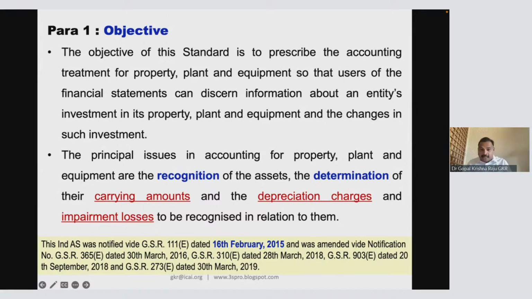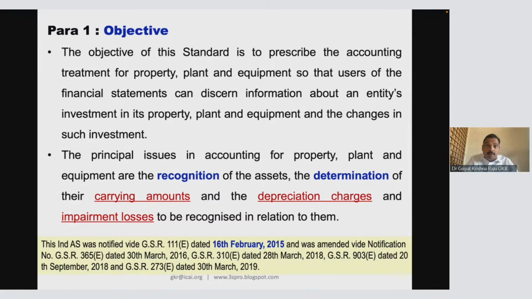For your information, Ind AS 16 will not give the answer for impairment loss. It will say check for impairment and provide for impairment loss as per Ind AS 36.